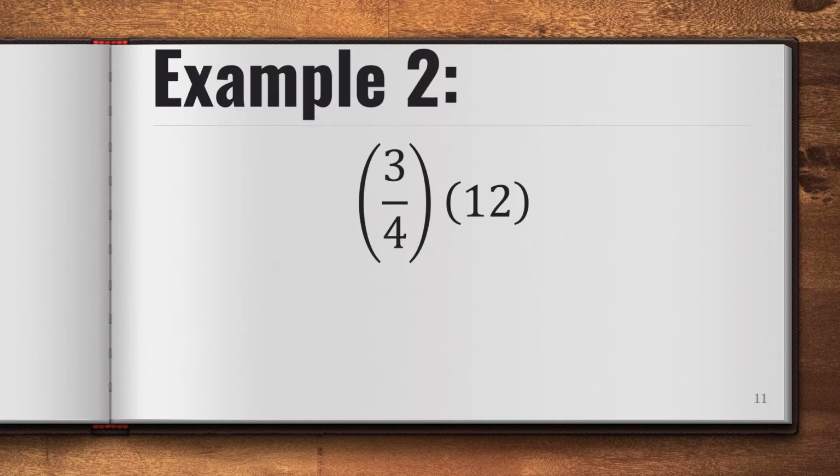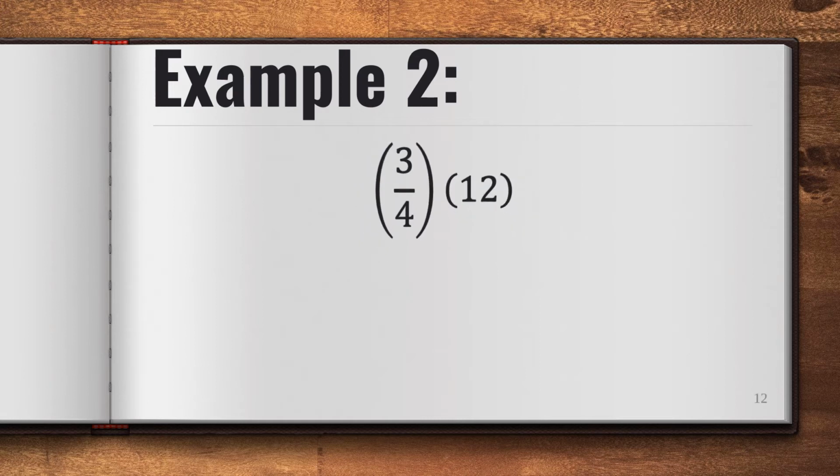The second example is multiplying a fraction and a whole number. But take note that 12 is still considered a rational number and is still a part of fractions. Doing the same process, we have 3/4 and 12. Let us write 12 as a fraction. How are we going to do it?